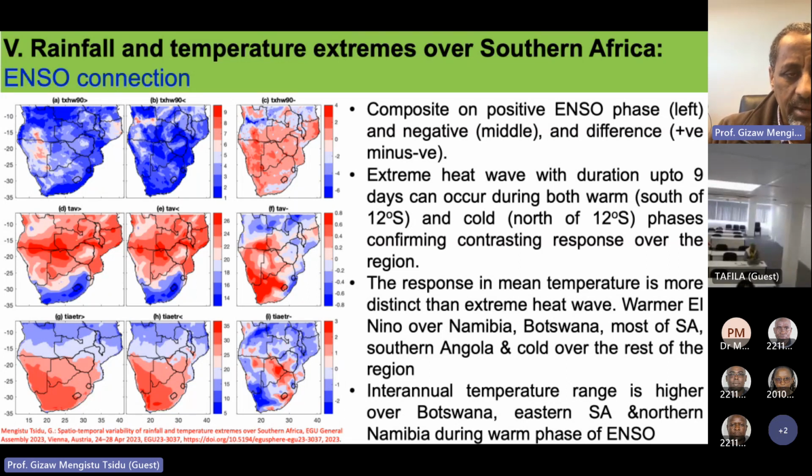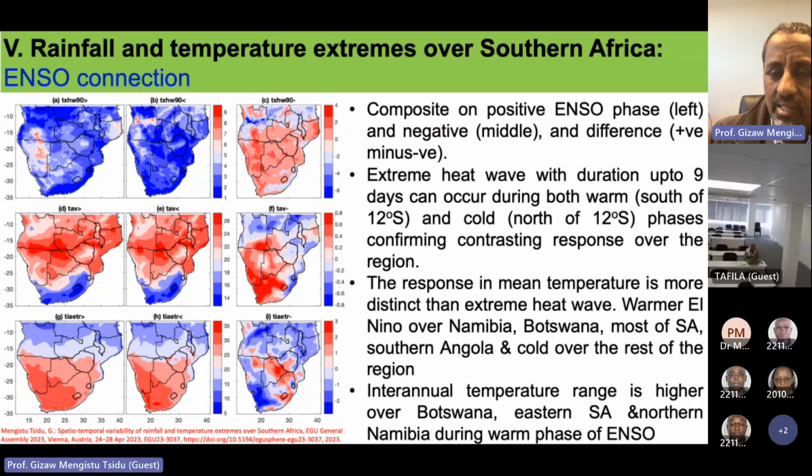So blue means the heat wave duration in La Nina is more than El Nino time. Usually we know that La Nina is a cold phase because the temperature is low during La Nina. El Nino is a warm phase, temperature is supposed to be warmer.